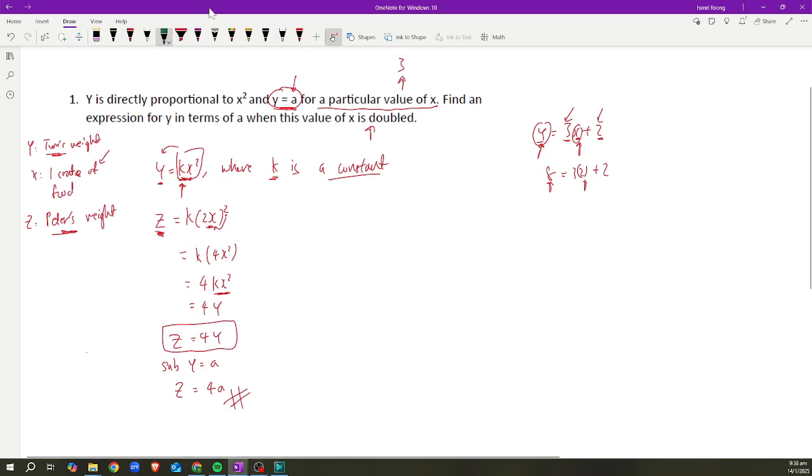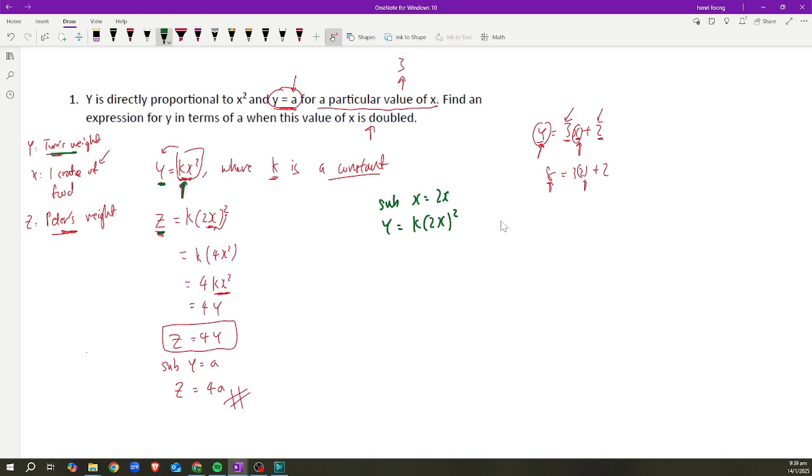Just a word of caution: some people, instead of writing z equals k(2x) squared, will write substitute x equals 2x, and use back the original equation, y equals k(2x) squared. Now you can't write this because you already defined y as Tom's weight, and this is the equation through which it's related to one crate of food.